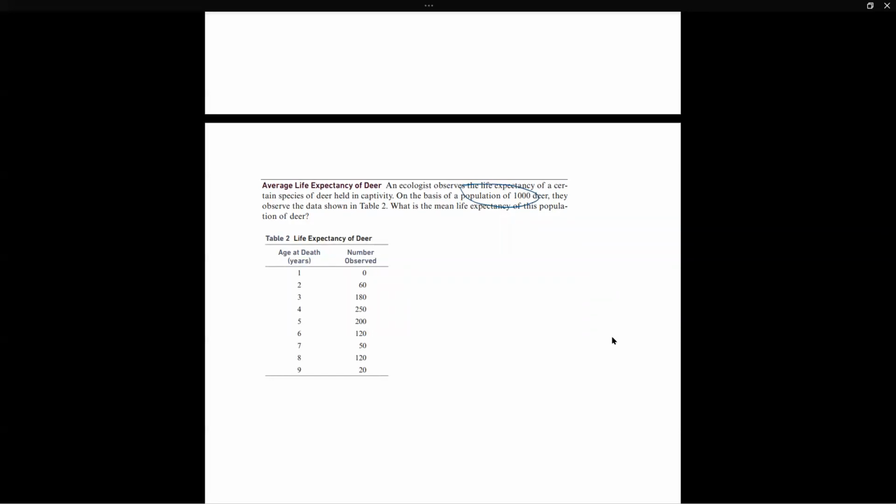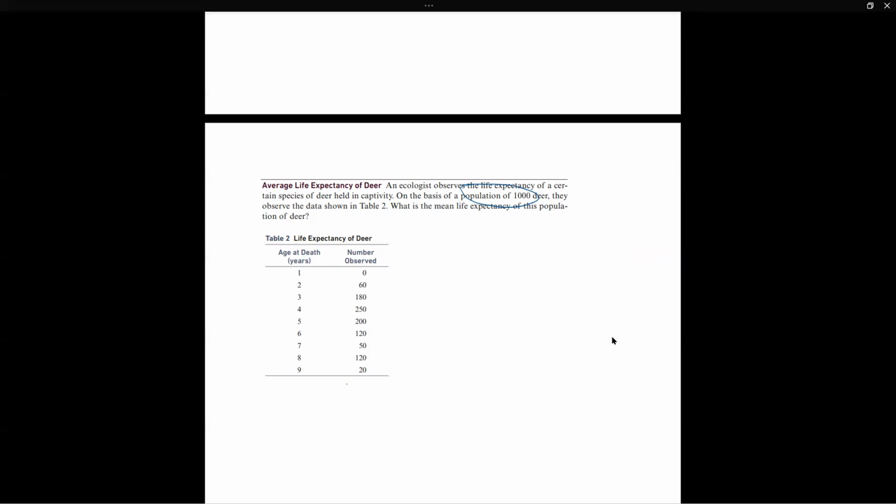So age at death is 1 until 9 years. Number of observance, which is the frequency, is 0 for 1 year, 2 years, 60 times, and so forth. So if we want to change this to relative frequency, then we're going to add, of course, the number of deer, which we have already, 1,000 right here.